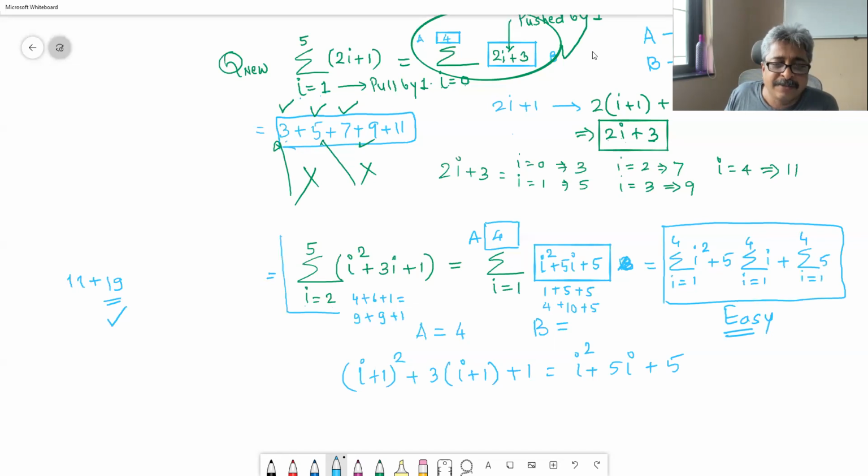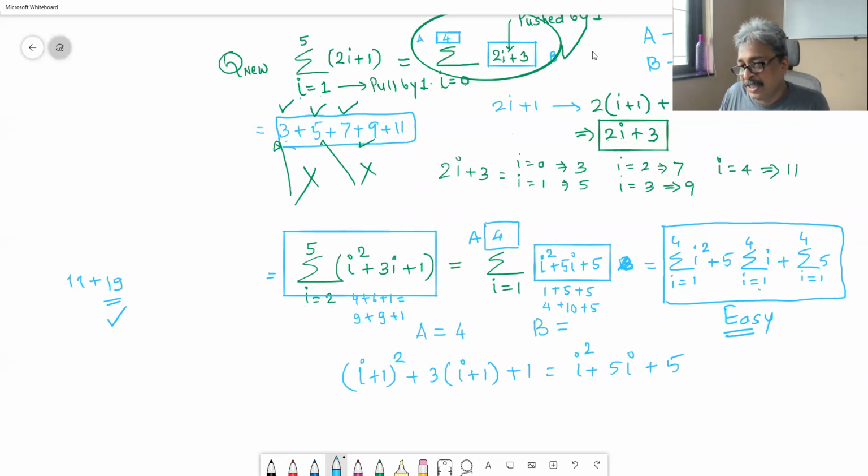Question will be this. Interim steps could be this. Finally this. And then once we learn how to find out summation of n natural numbers, this is the summation of the first 4 natural numbers, this is the summation of squares of first 4 natural numbers, and this is 20.